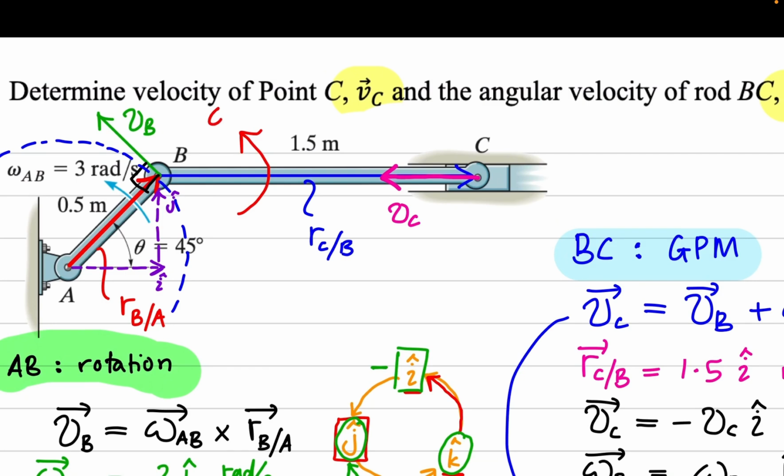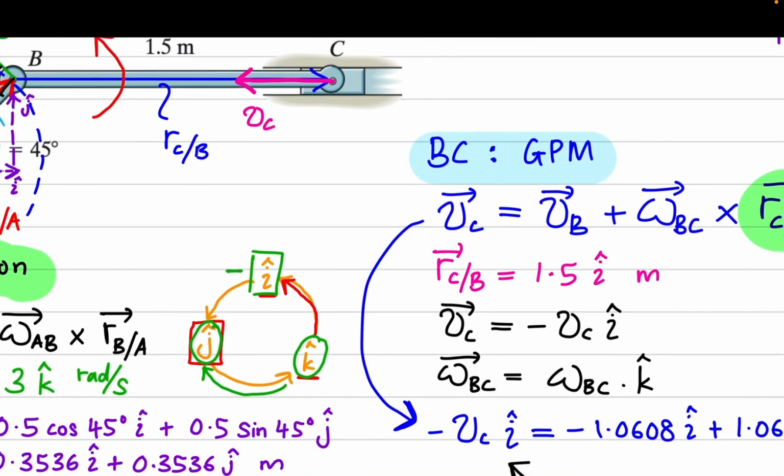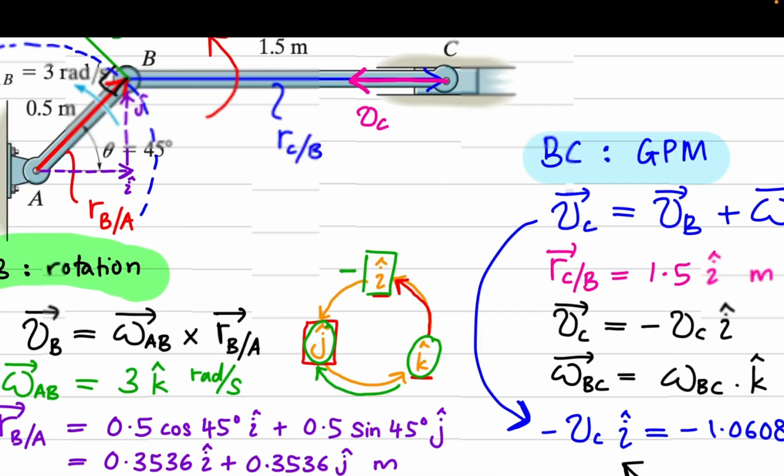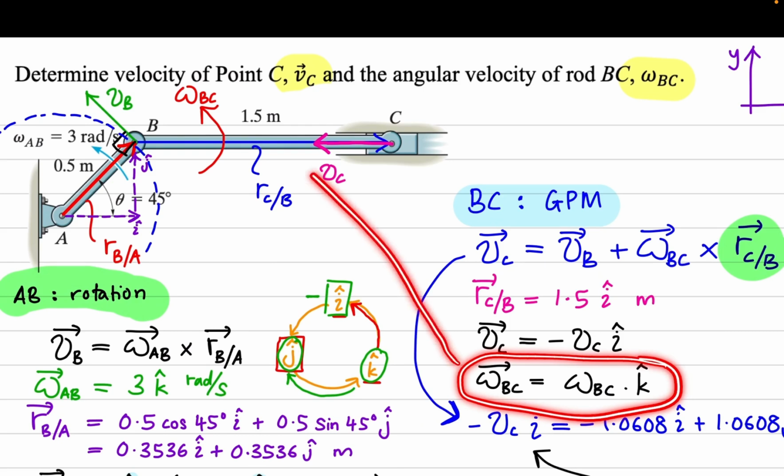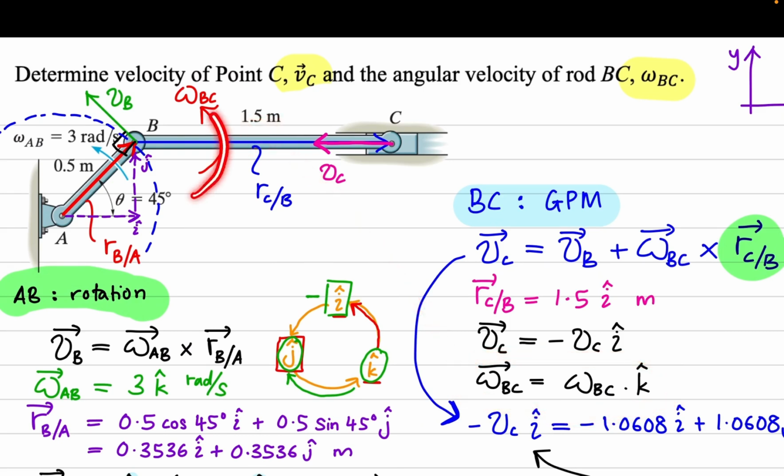That is why we wrote it as omega BC k positive, because in rotation, remember, anti-clockwise rotation is always positive.